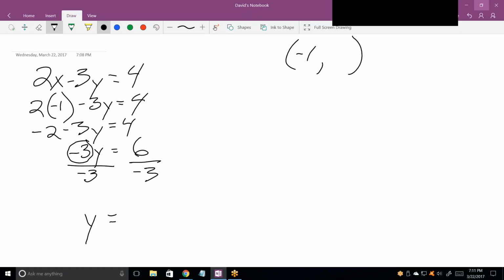So by dividing both sides by -3, that gets rid of the -3 on the left side. And now my final answer is y equals -2. So when x is -1, y has to be -2.